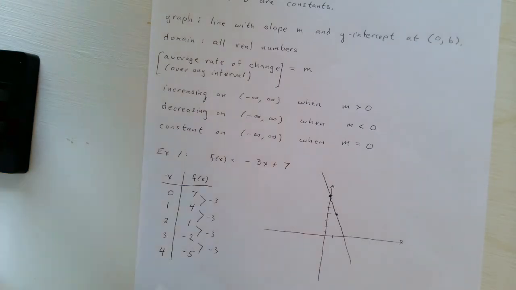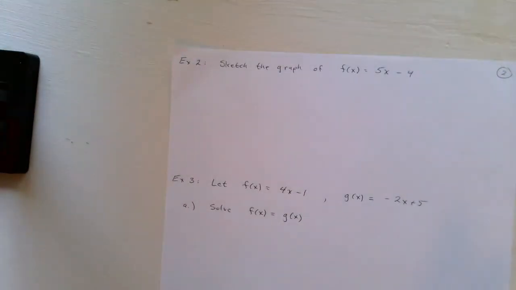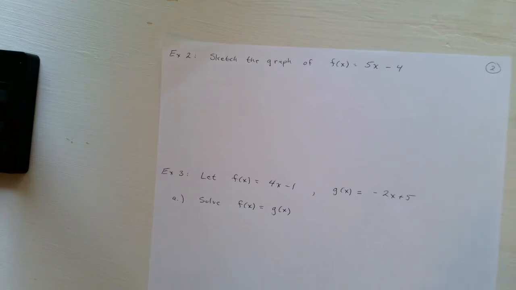Okay, so want to try this next example on your own. If you wanted to sketch the graph of f of x, where f of x is 5x minus 4, I'll let you do that. You can see that the slope is going to be 5. The y-intercept is negative 4.